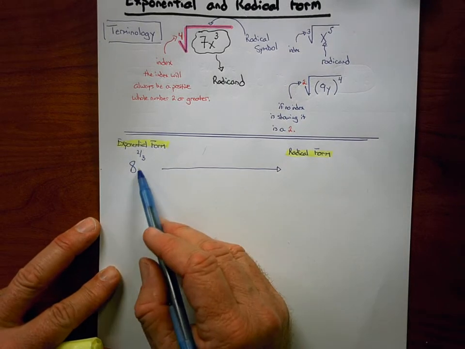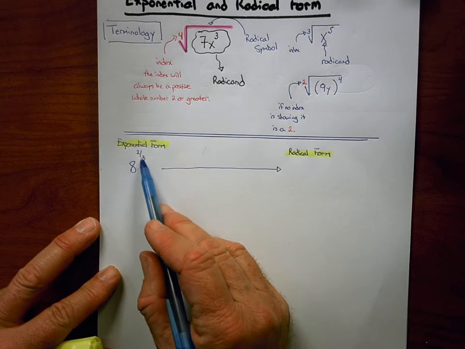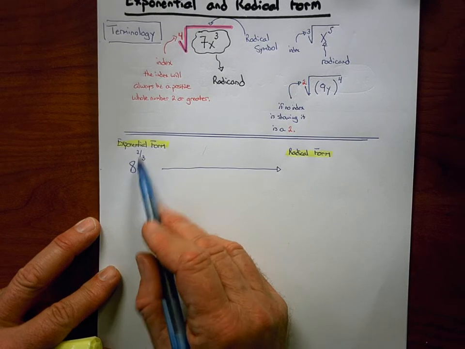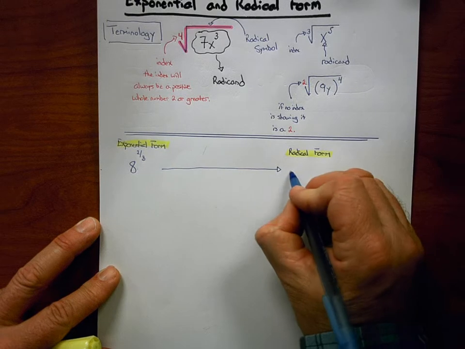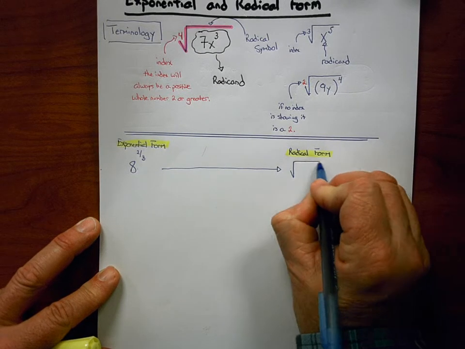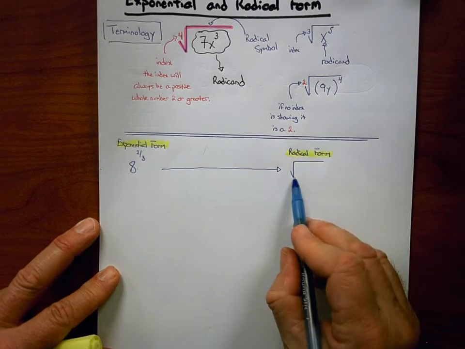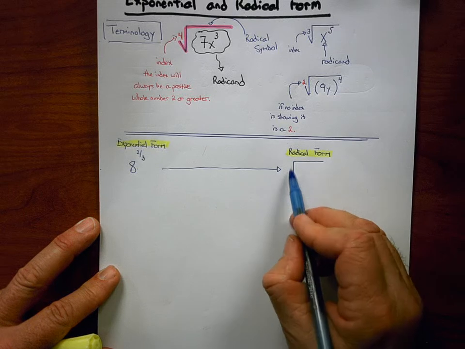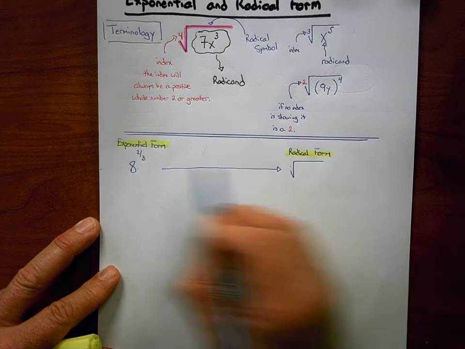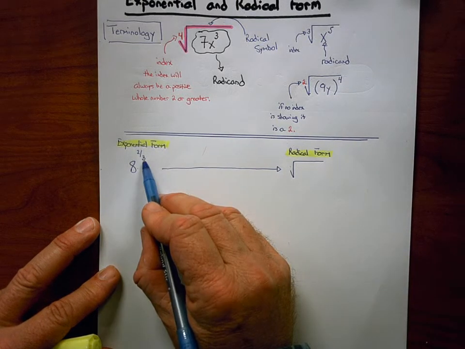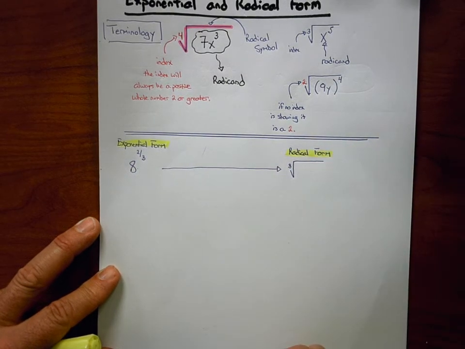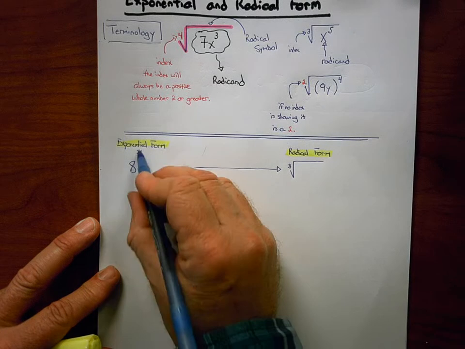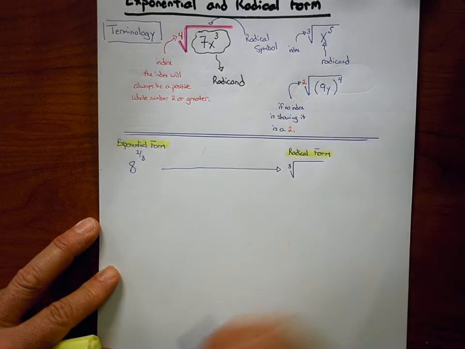Just watch. 8 to the 2/3 power, which is in exponential form because we have an exponent, in radical form would become: you put the radical, and then for the index, you put whatever the denominator of the fraction of the exponent is. So the index would become 3, and everything else would become the radicand.